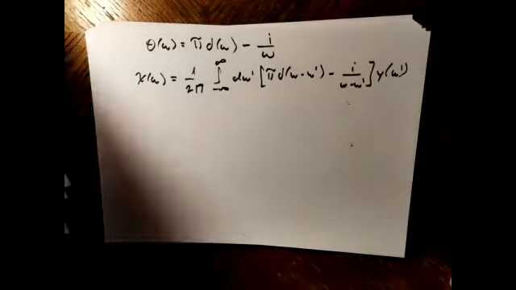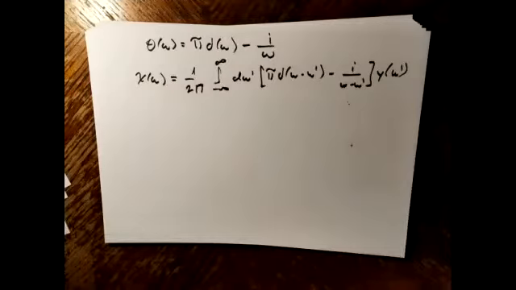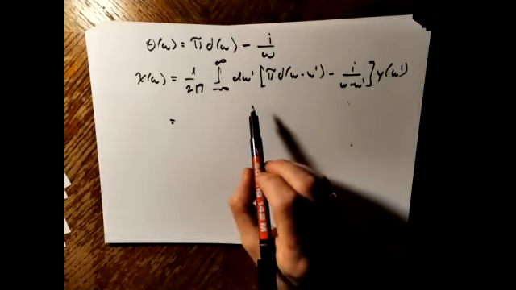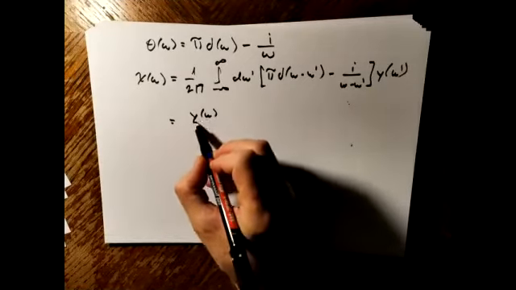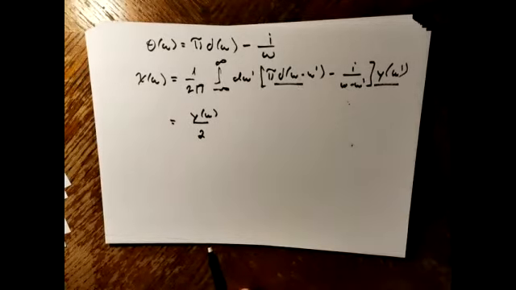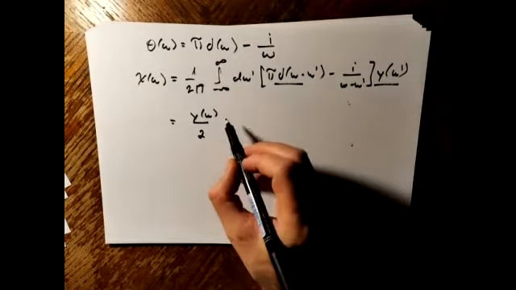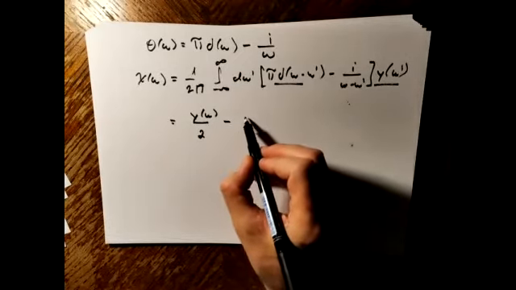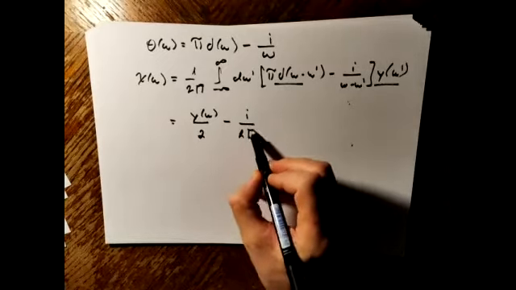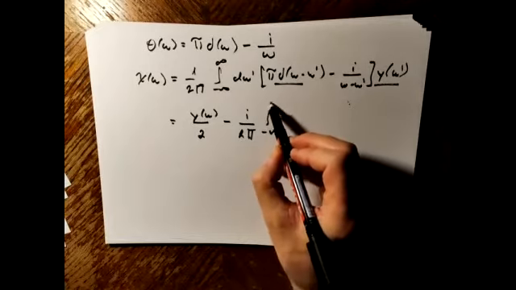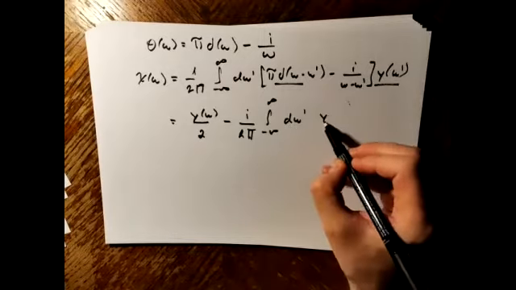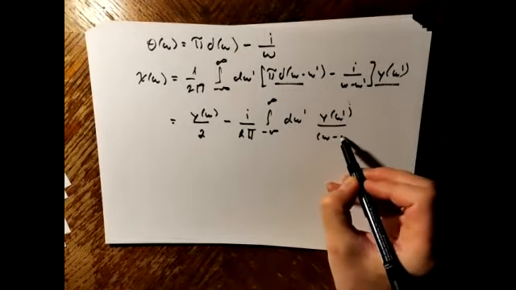So I just made a substitution into this earlier expression. That gives me, first of all, y(ω)/2, once when the delta function hits this. And then it gives me something else, which seems to be minus i over 2π, integral from minus infinity to plus infinity dω′ y(ω′) divided by (ω−ω′).